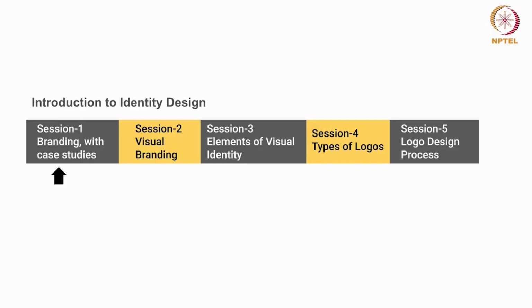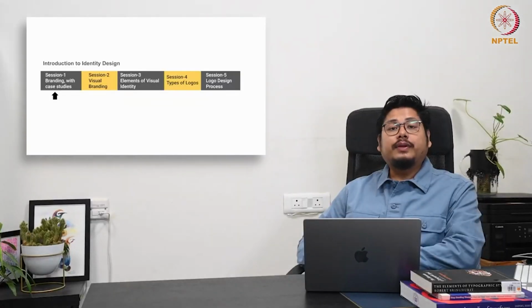So if you have a better understanding of all the elements and types of logo, how do you design a logo? We'll also look into how the overall brief is taken into consideration, such that it makes sense for that particular brand to create such kind of representation. We'll also look at how a logo can be a functional logo. What I mean by that is, if you're designing a logo, is it working on all the platforms it is meant for, be it print publication or digital platforms like apps?